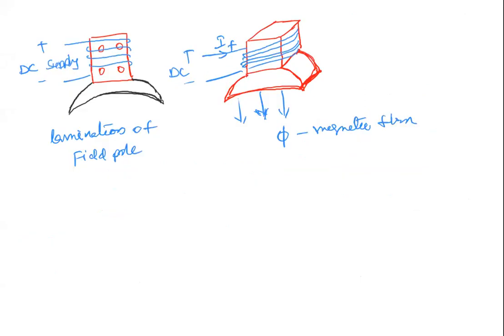So this magnetic flux. Units of magnetic flux are what? Units of magnetic flux are Weber. Okay. Units of current are, tell me. Ampere. Ampere. Very good.